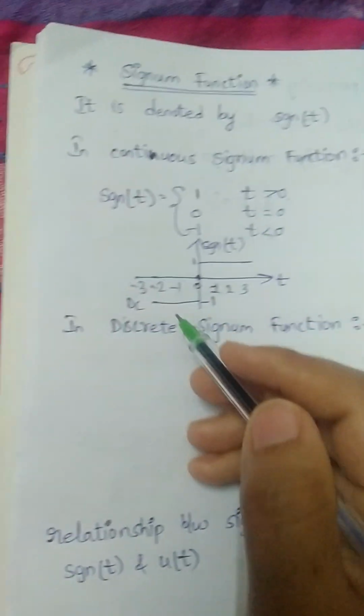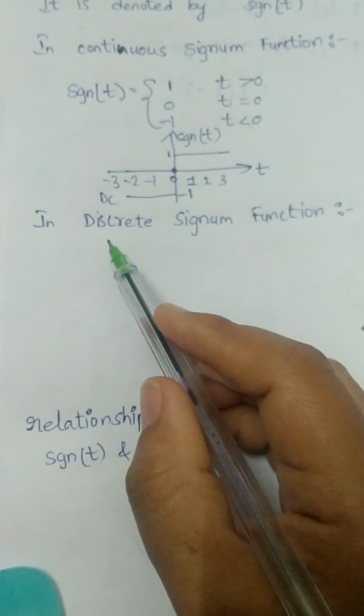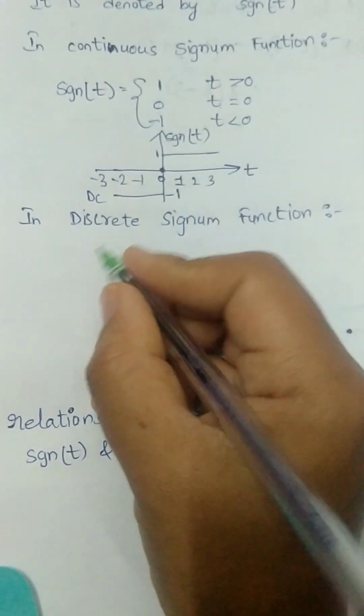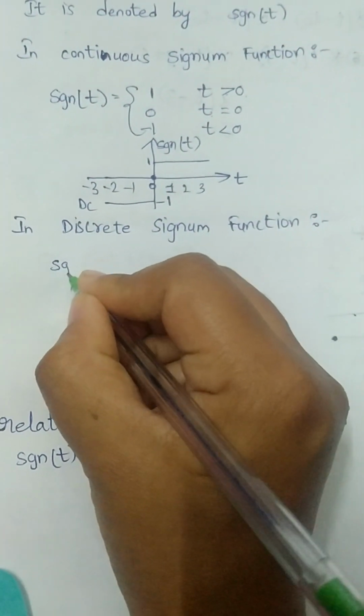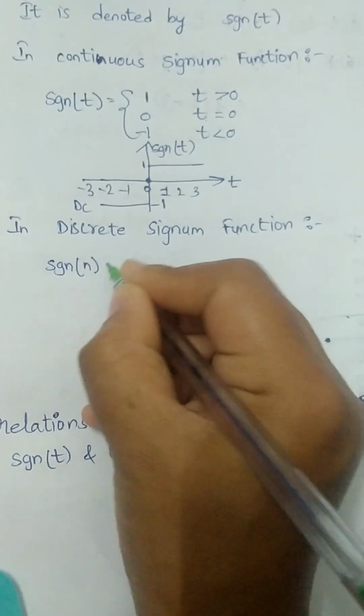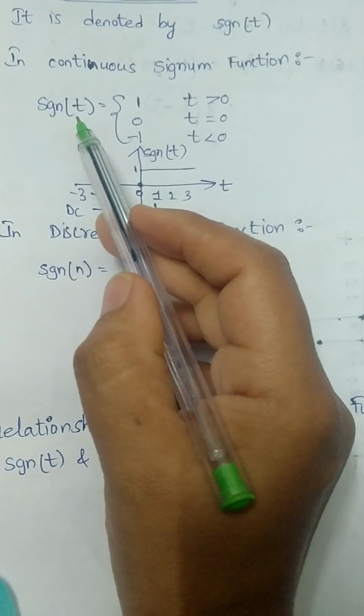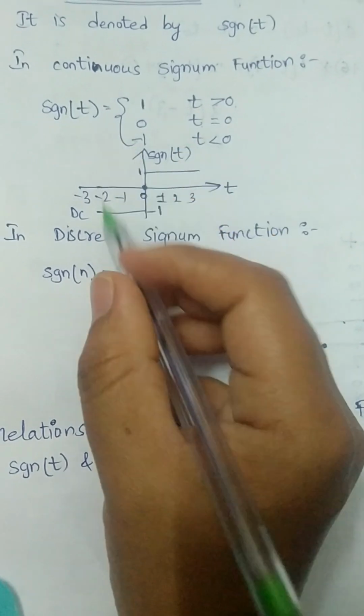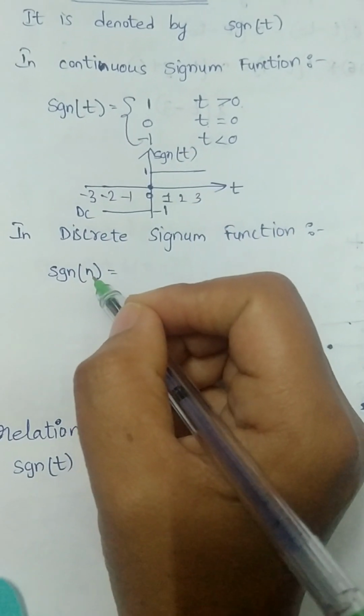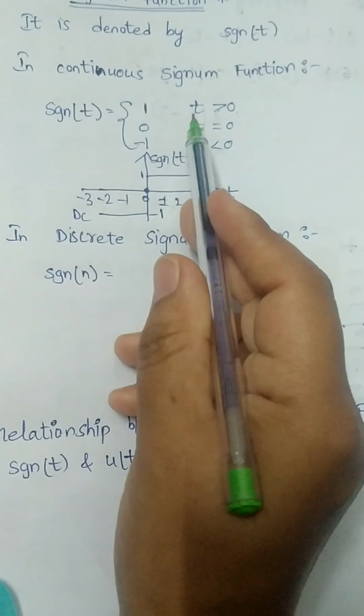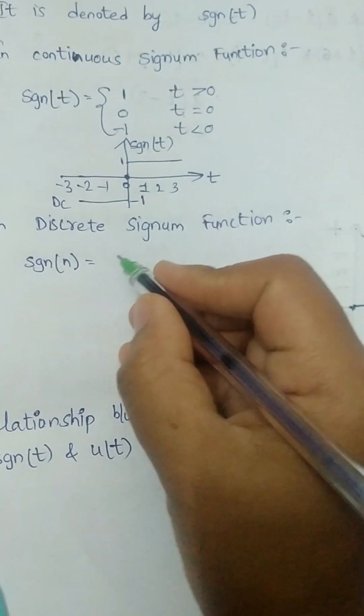Now, the discrete Signum function. In the discrete Signum function we represent Sgn of n. In the continuous manner we represent t, in the discrete manner we represent n. There is a replacement between t and n.